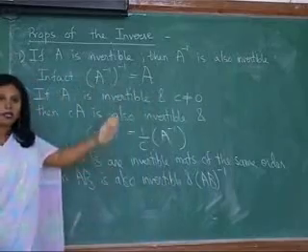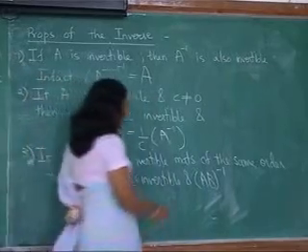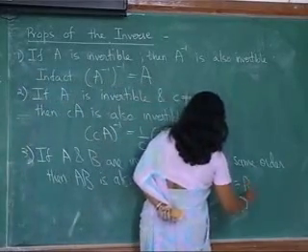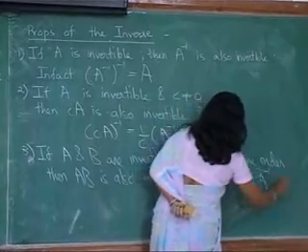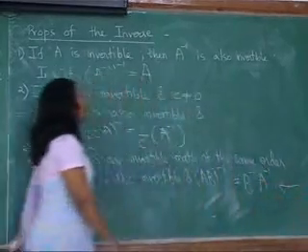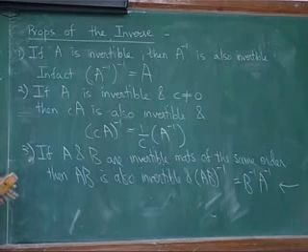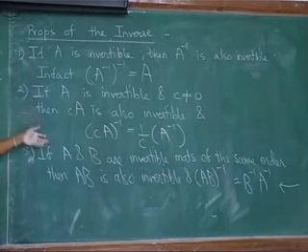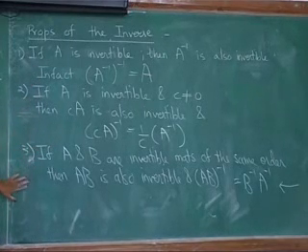Inverse of the product, again behaves like transpose of the product. It is product of the inverses but in the reverse order. So these are all the various properties of inverses that we will be coming across.